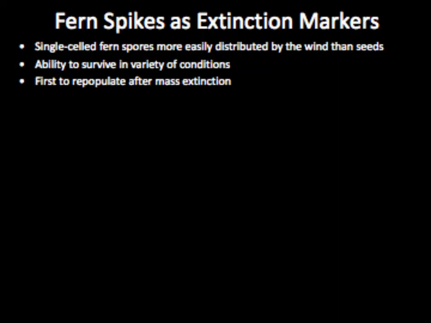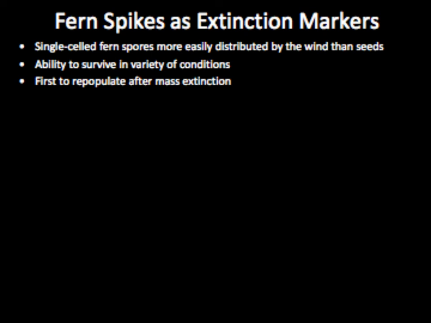One thing to elaborate on here, which comes up quite a bit in KT mass extinction research, is fern spikes. Fern spikes are critical markers of mass extinctions for three major reasons that are listed here. One, fern spores are really easily distributed. They're much more easily distributed than seeds, and they can survive in a wide variety of conditions.